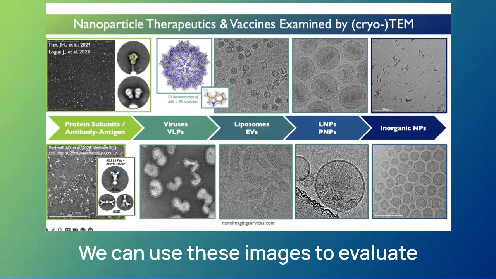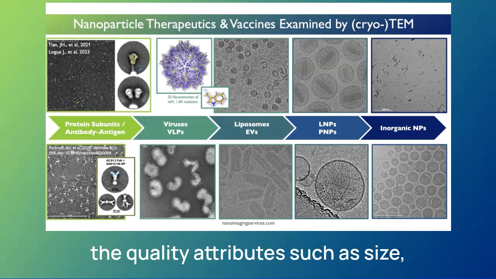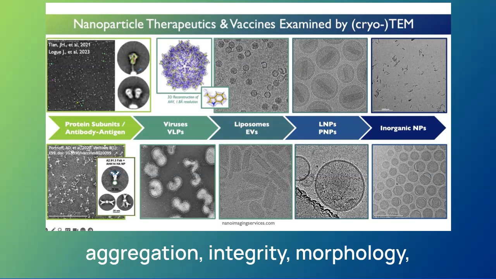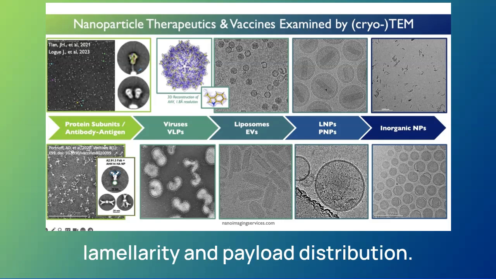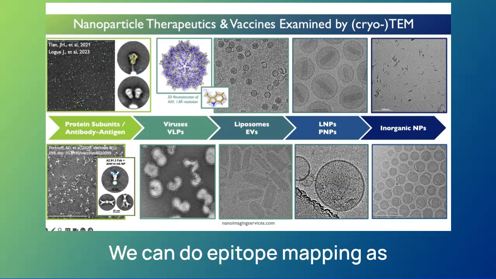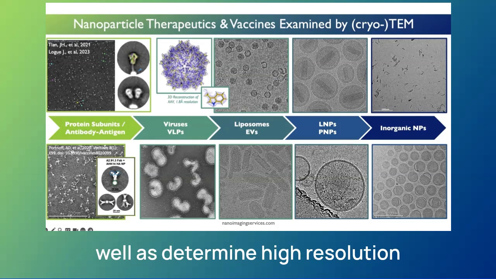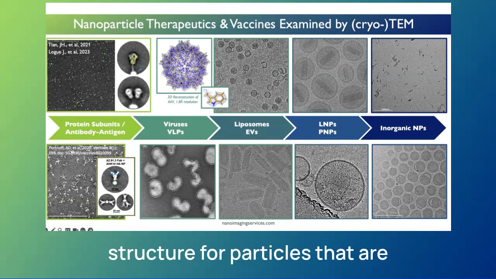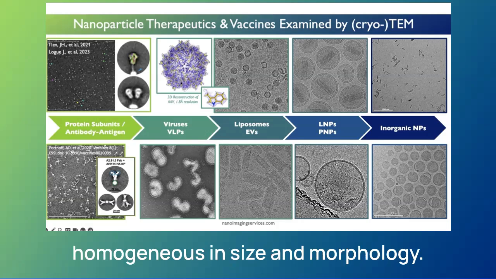We can use these images to evaluate the quality attributes such as size, aggregation, integrity, morphology, lamellarity, and payload distribution. We also can look at complex formation, we can do epitope mapping, as well as determine high-resolution structure for particles that are homogeneous in size and morphology.